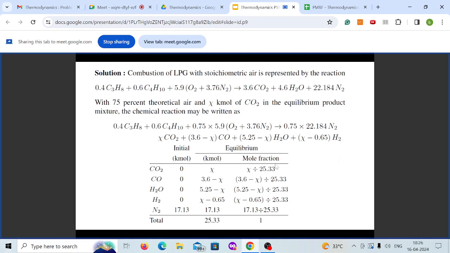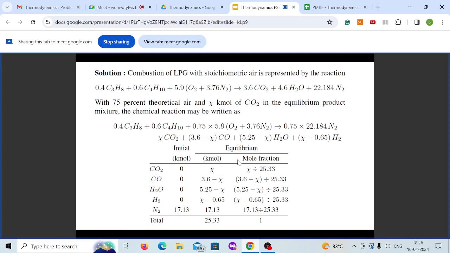So if you see this, we can create a table again to say how many moles are present. Initially there are no moles of carbon dioxide, carbon monoxide, hydrogen and water, and nitrogen is 17.313.